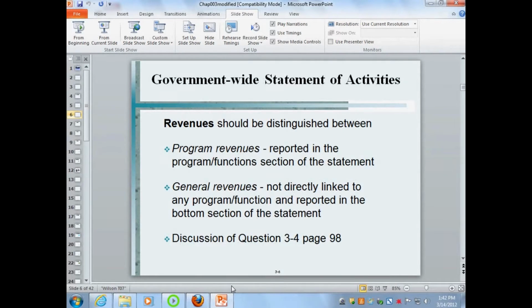So anyway, going ahead with this, general revenue. What is a prime example of general revenue? Taxes, right? That's what comes to you. Let's take a look, and I want you to see if you understand this, at an example on page 98 of your being able to distinguish this.